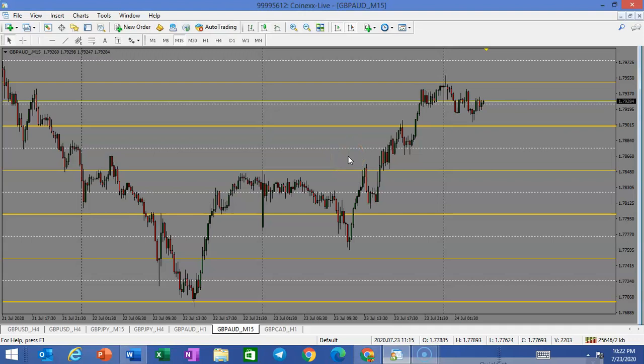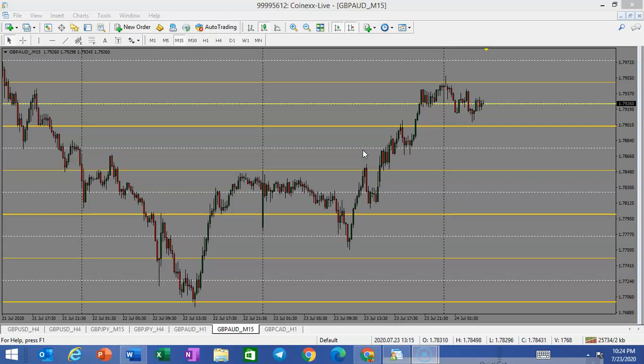And then this comes up. Okay, so what is this? So every line you see demarks a potential institutional buying and selling level. So the theory is the banks trade on whole numbers.